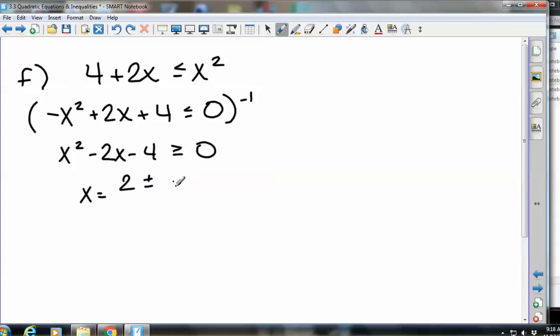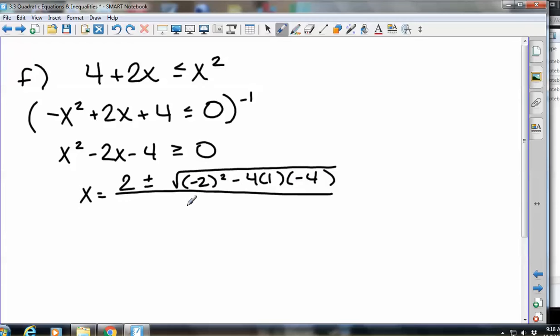Opposite of b plus or minus the square root of b squared minus 4ac. So I get 4 plus 16 plus 20.